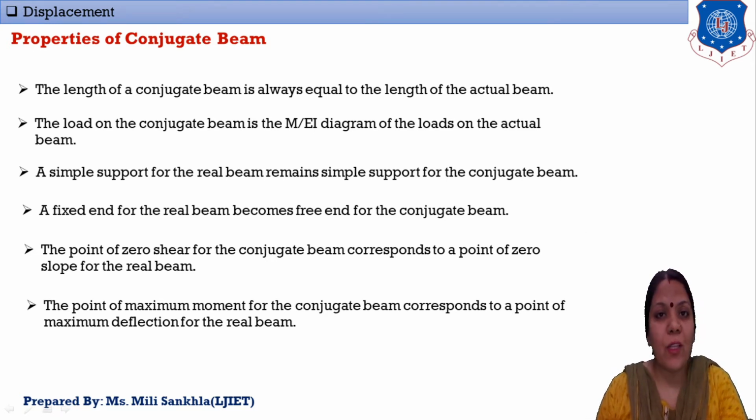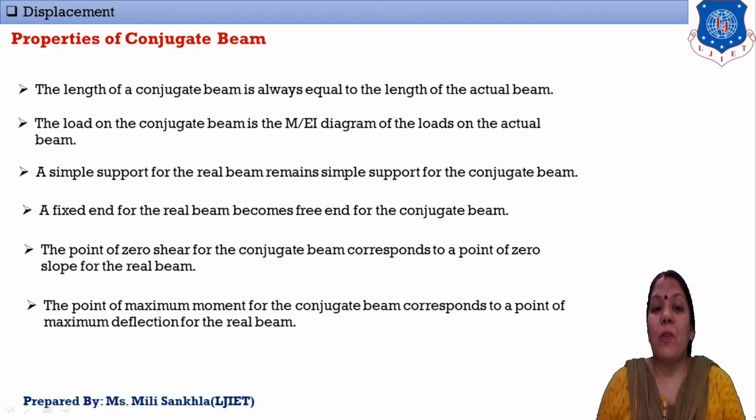Same with moment: the point of maximum moment in the conjugate beam corresponds to the point of maximum deflection in the real beam. The point where we find maximum bending moment in the conjugate beam is where we find maximum deflection. These are some properties of the conjugate beam.